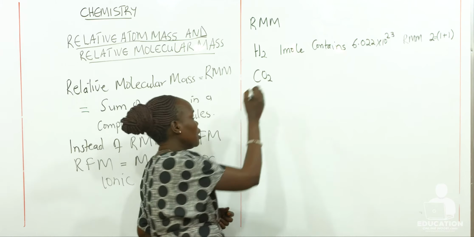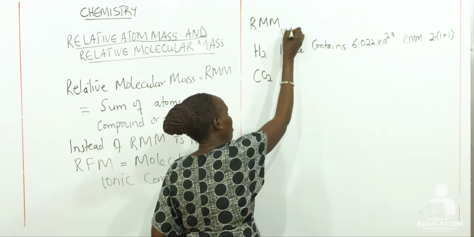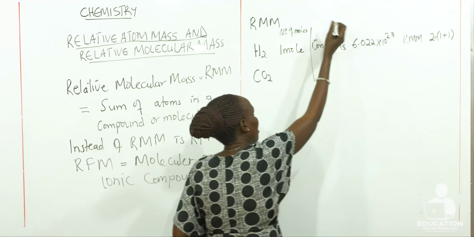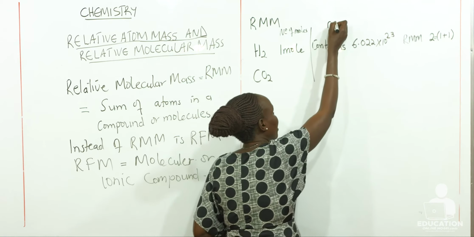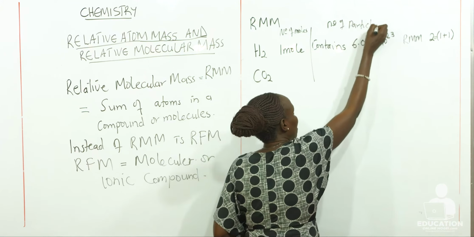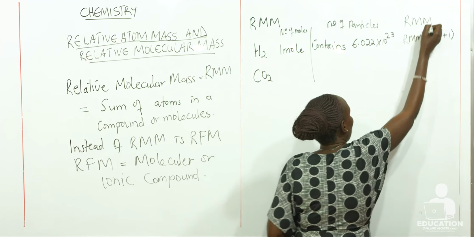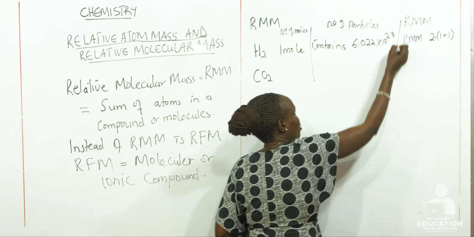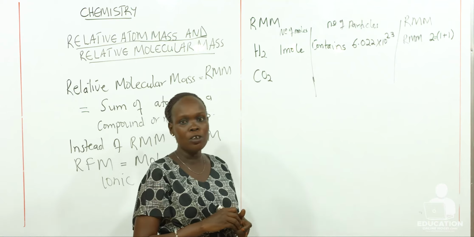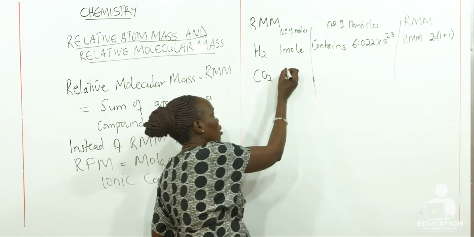So we shall say that here we are representing the number of moles, the number of particles, and here we have the relative formula mass. These molecules have the same number of moles.